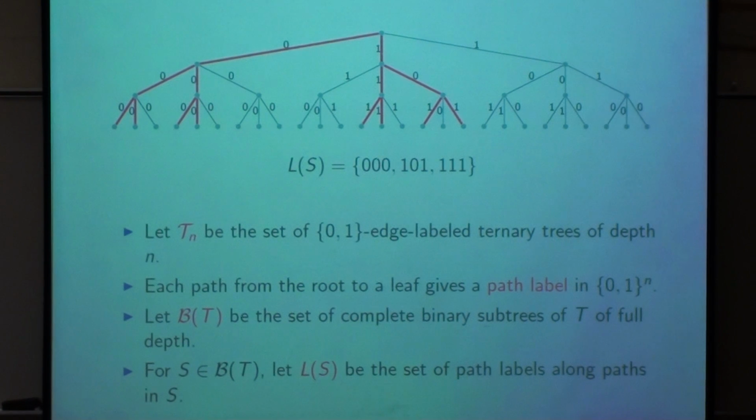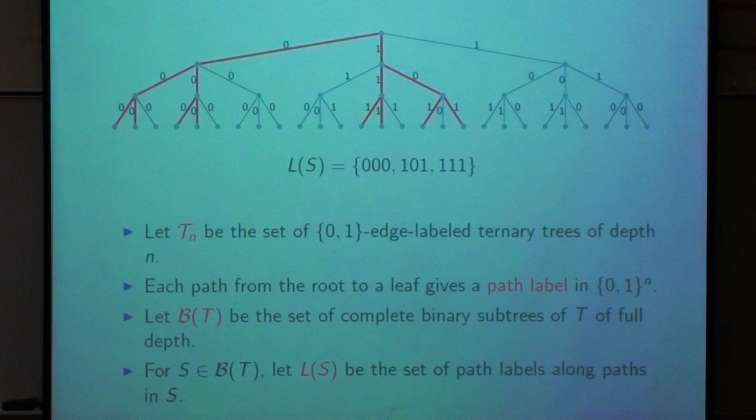Let's see what path labels occur. Over here, we have 0, 0, 0, from paths going along here over to the left. Over here, we have 1, 1, 1, from coming along down here. And we also have 1, 0, 1 if we head off to the right.